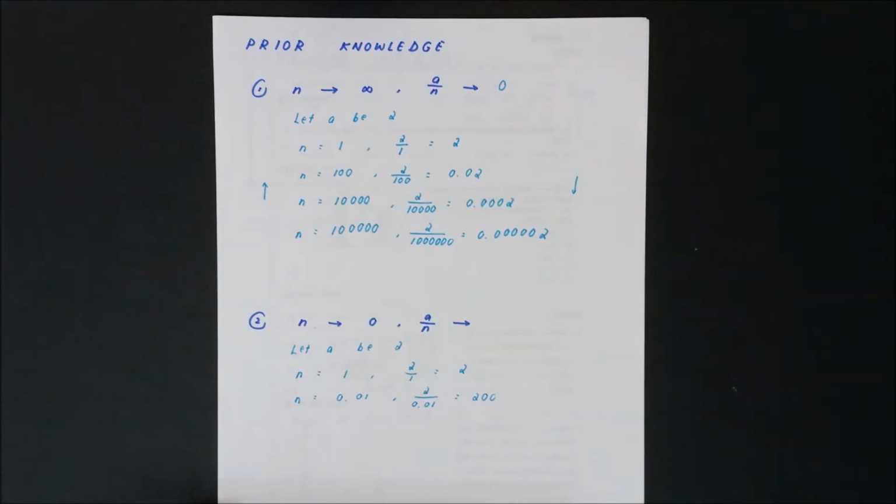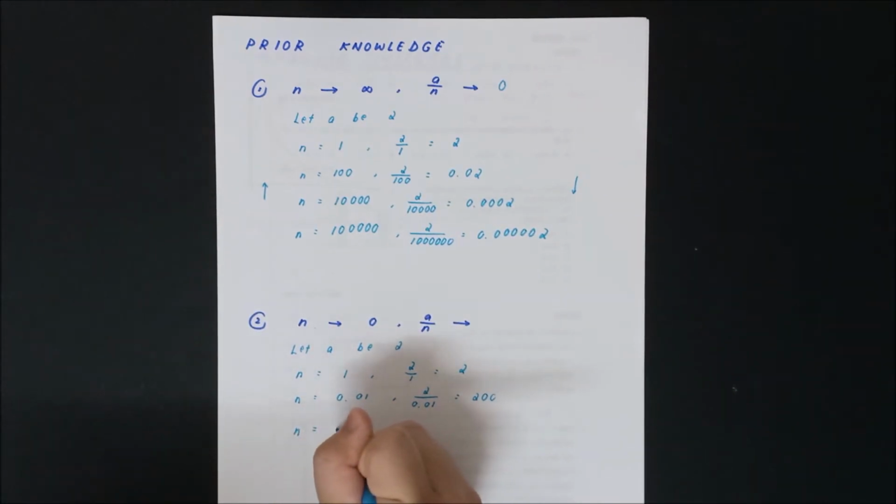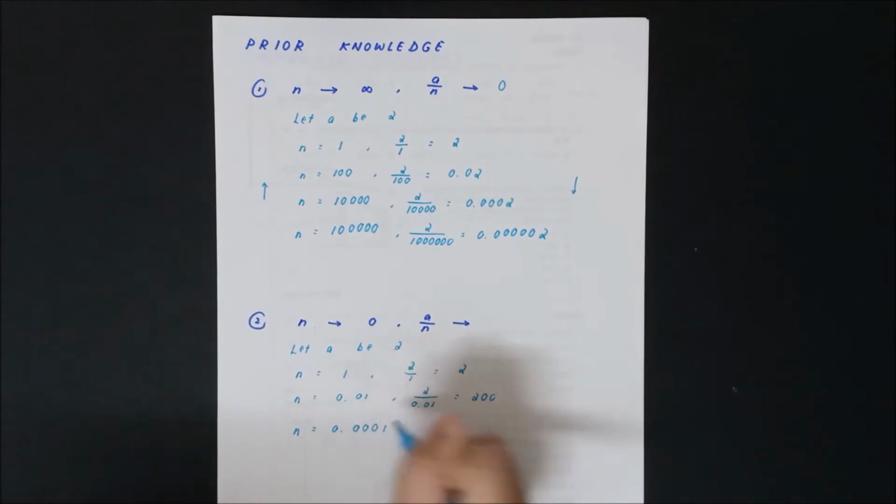100. Then after that, let n be smaller and smaller, approaching 0.